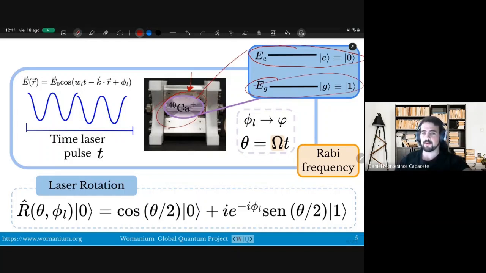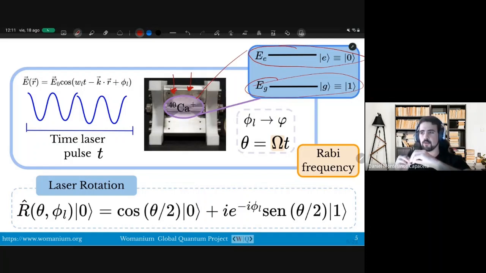So that's the idea. You trap your calcium atom, you have one outer electron, and with this electron, you choose some energy levels and call them your 0 and 1 states, right?